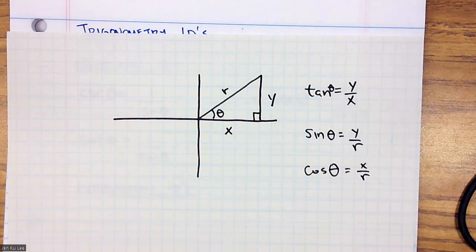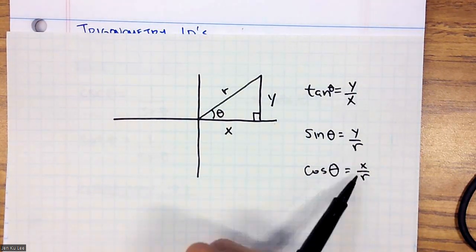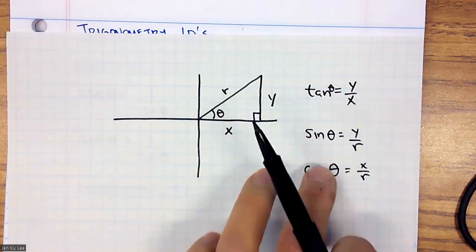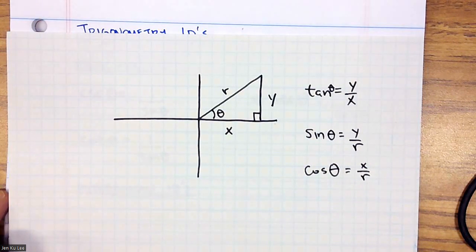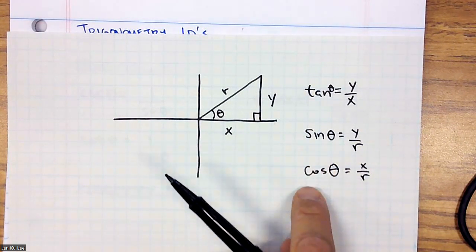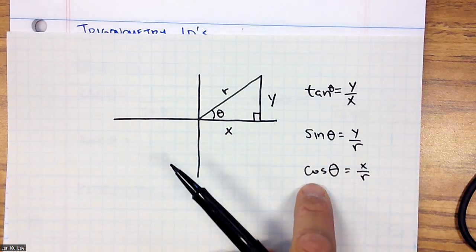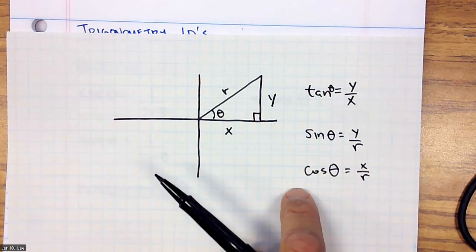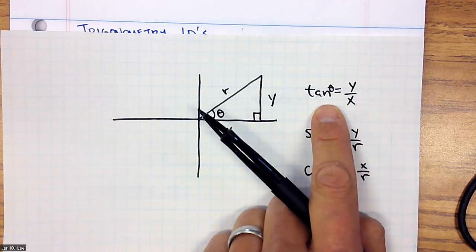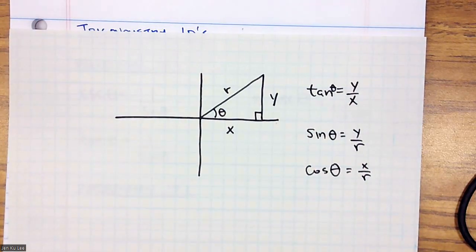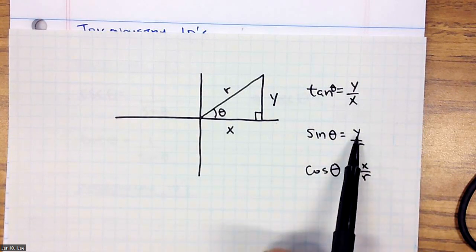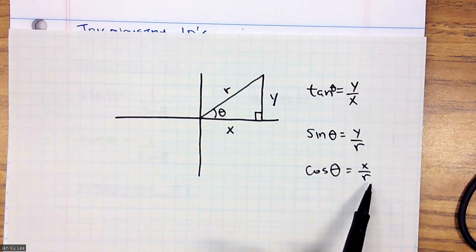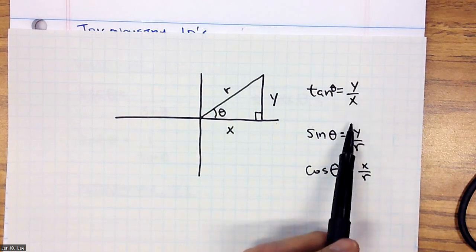Now, can you guys come up with some way to use sine and cosine to make it equal to tangent? Or another way to think about it is, how can I use y over r and x over r to make it equal y over x?